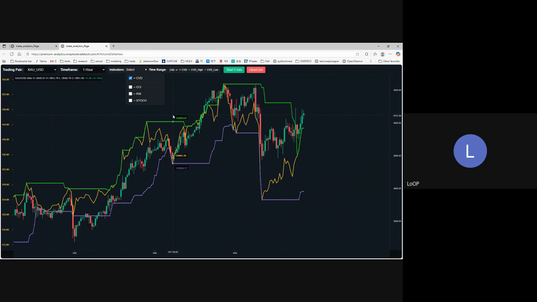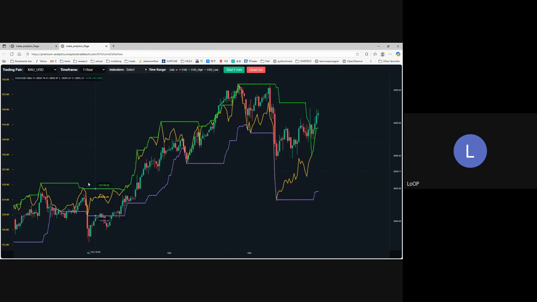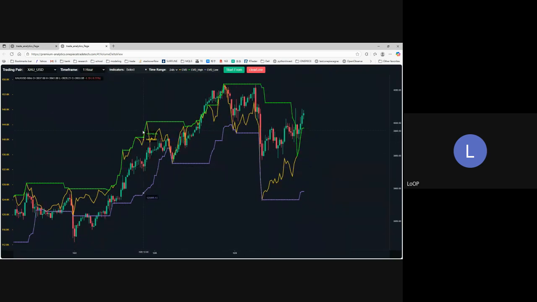The idea is that it represents the dollars that institutions as a group are injecting into or pulling out of the market of interest. In this case, it is gold. Whenever the yellow line goes up, that means institutions are injecting additional funds into the market. If it goes down, it means institutions are either cashing out or aggressively shorting the market.